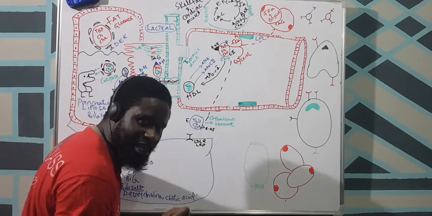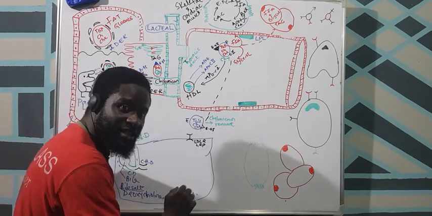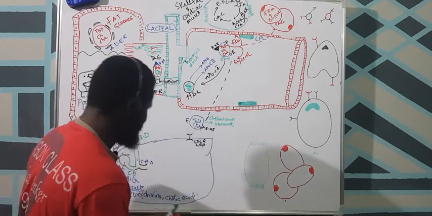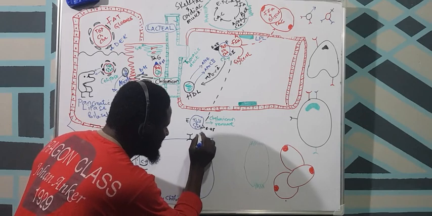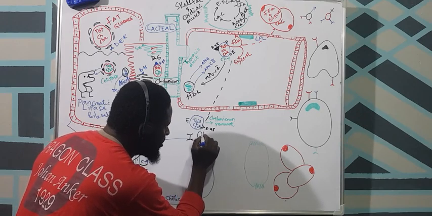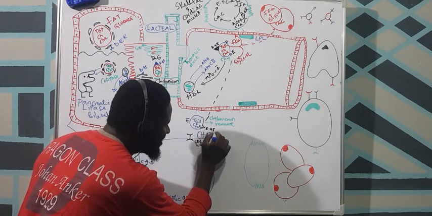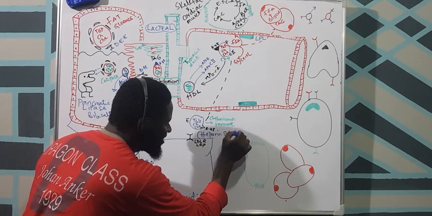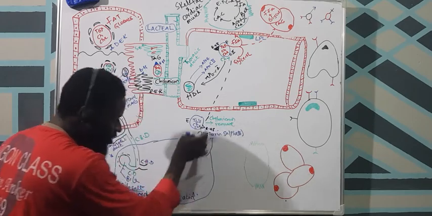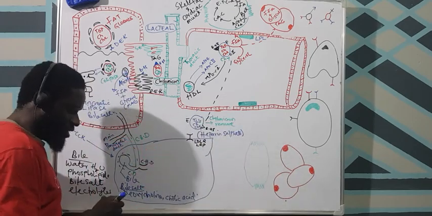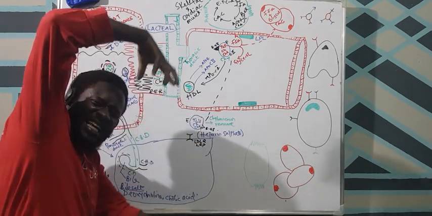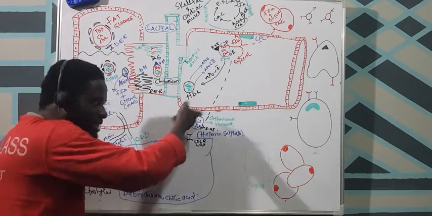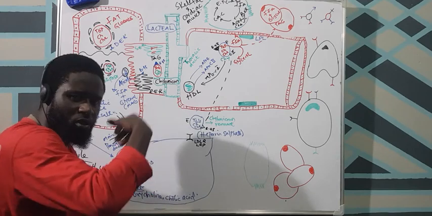The B48 can also bind to something that is found on the body of the liver. What is it called? This is called heparin sulfate. So the B48 can bind to heparin sulfate so that the chylomicron can be taken into the liver for continuous breakdown of this triacylglyceride, cholesterol, and even cholesterol ester.